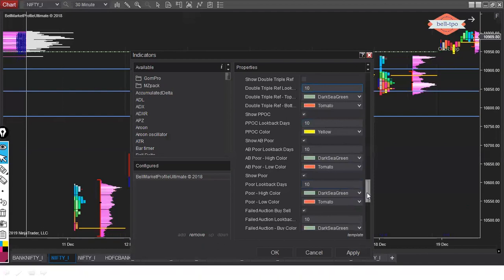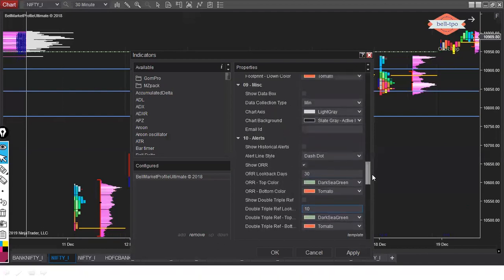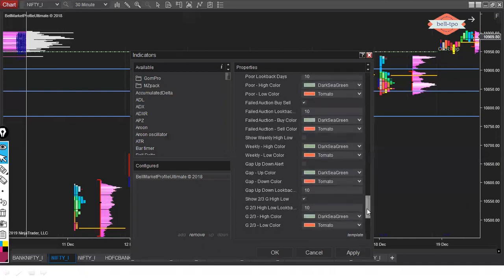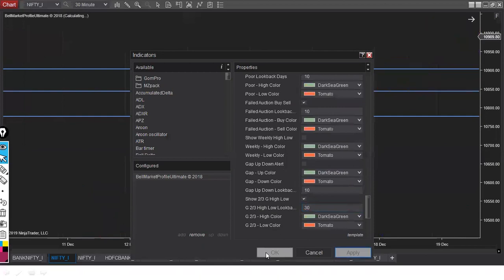So for G2 and G3, instead of 10, I'll put 20, 30 trading days. So for the last 30 trading days, if there are any G2, G3, it will plot those reference levels.